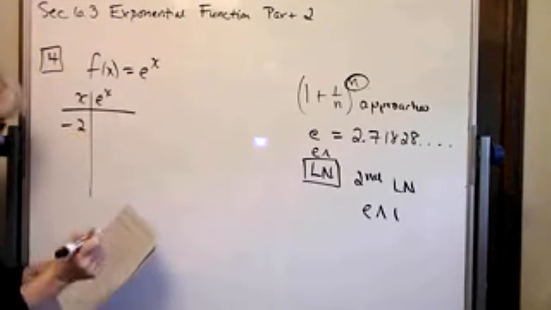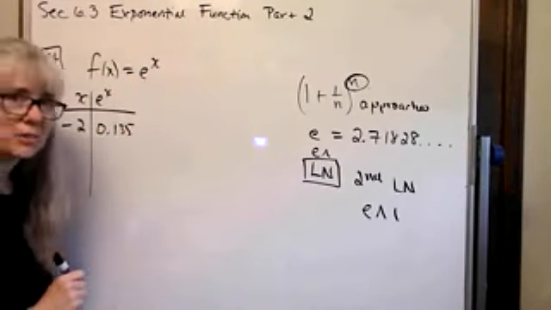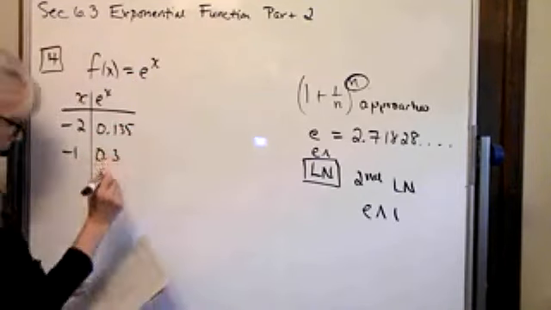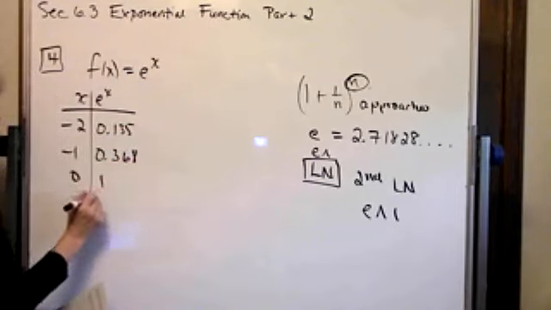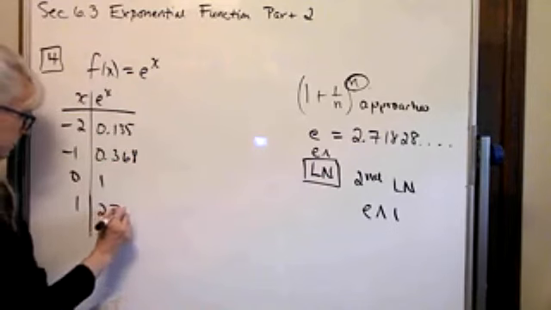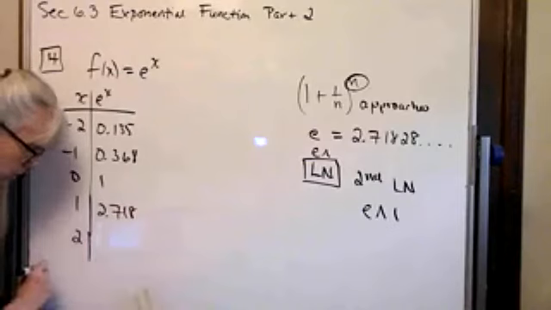If we plug in -2, we get 0.135, and you should be checking these on your calculator. If you plug in -1, you get 0.368. Plug in 0, we already know it's 1. If we plug in 1, we get that 2.718. If we plug in 2, we get 7.381.